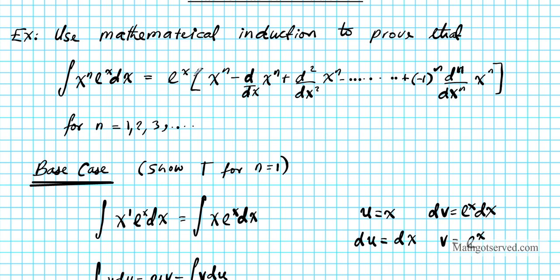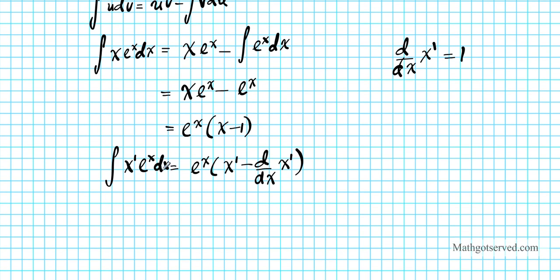If you plug in 1 into this statement, you have e to the x times x to the 1 minus 1. Okay? If you differentiate 1 further, you're going to get 0, so all these terms disappear. So you're just going to be left with exactly this. Okay? So this statement shows that n equals 1 is true.